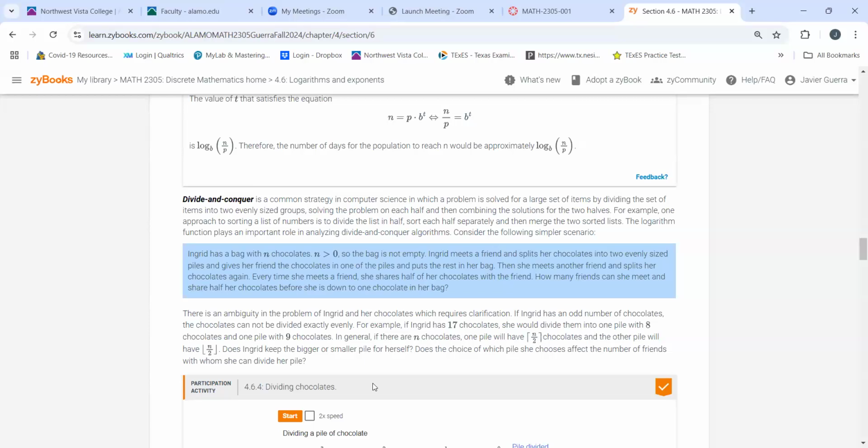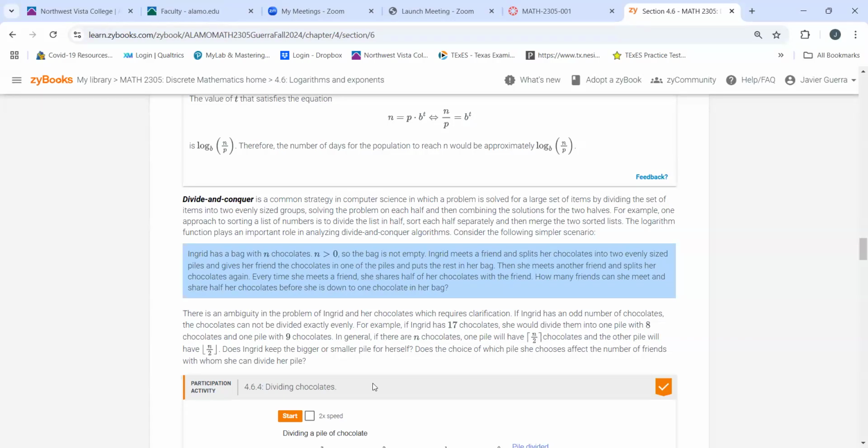Then she meets another friend and splits her chocolates again. Every time she meets a friend, she keeps doing this process where she takes half, gives it to her friend, and puts the other half in the bag. She continues to do that on and on. So how many friends can she meet and share half her chocolates with before she is down to 1 chocolate in her bag? That's where the divide and conquer comes into play.